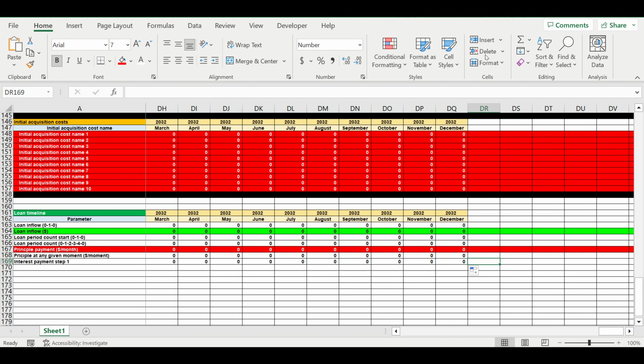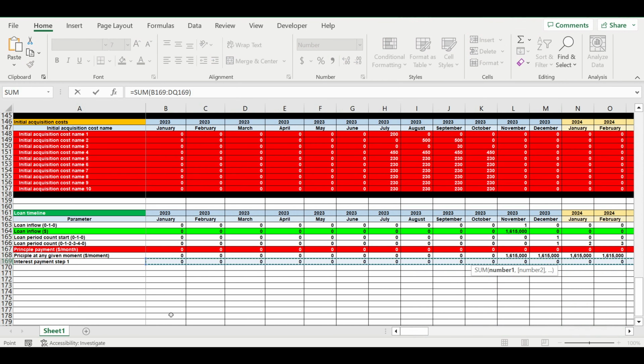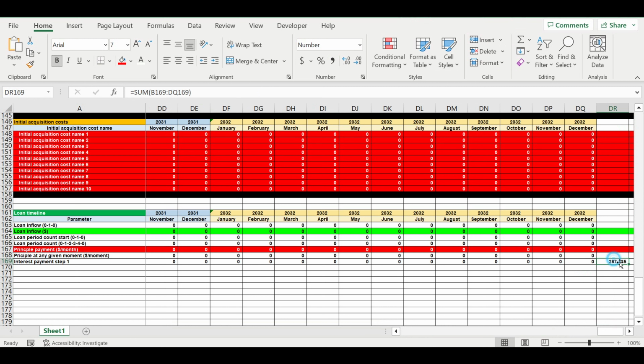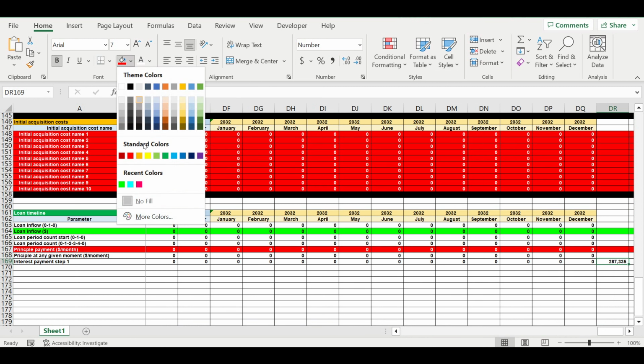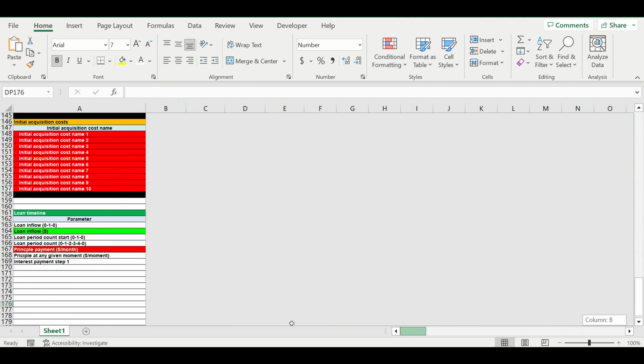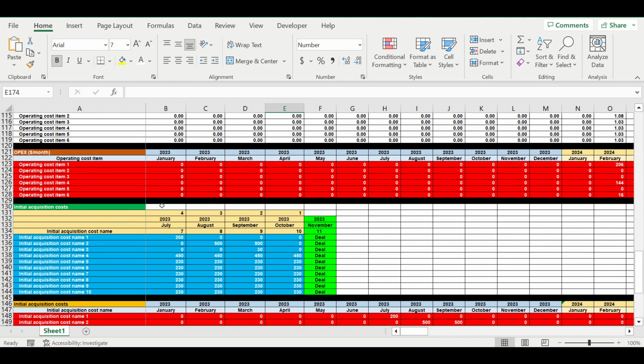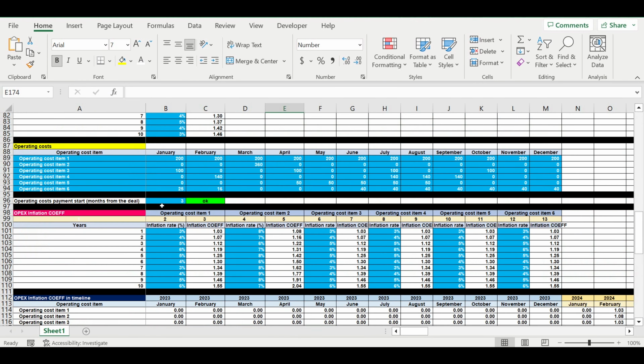So the total for interest will come from here, and now we will calculate the amount of interest payments. Let's go up.